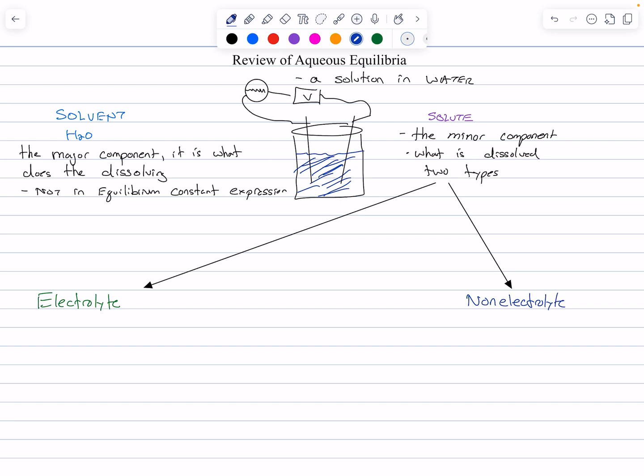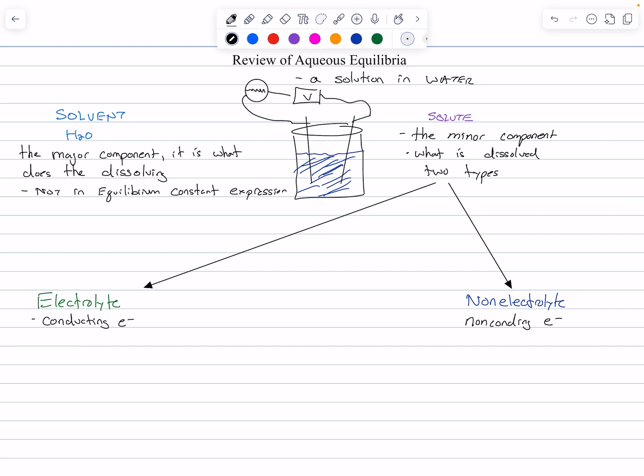So we'll do conducting electrons, and then non-conducting. That's from Chem 1. Let's talk about the non-electrolytes first.